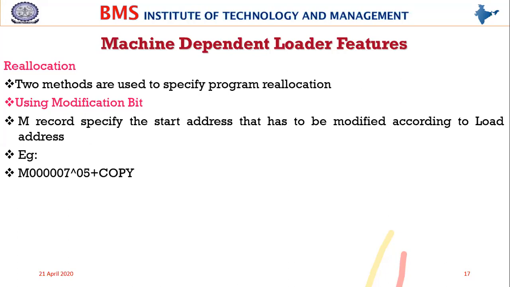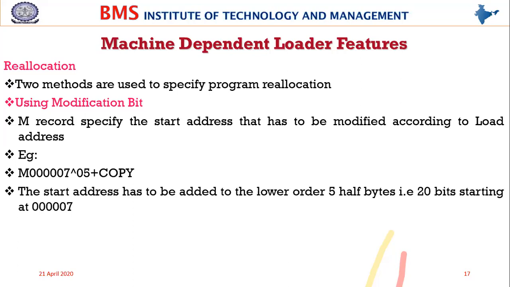That is nothing but whatever is there should be added with the address specified next, or subtracted with the address specified next. Here in our example, we are specifying that we should add the address of COPY. That means whatever the load address is needs to be added to that. Fine. So this is one way of doing it.